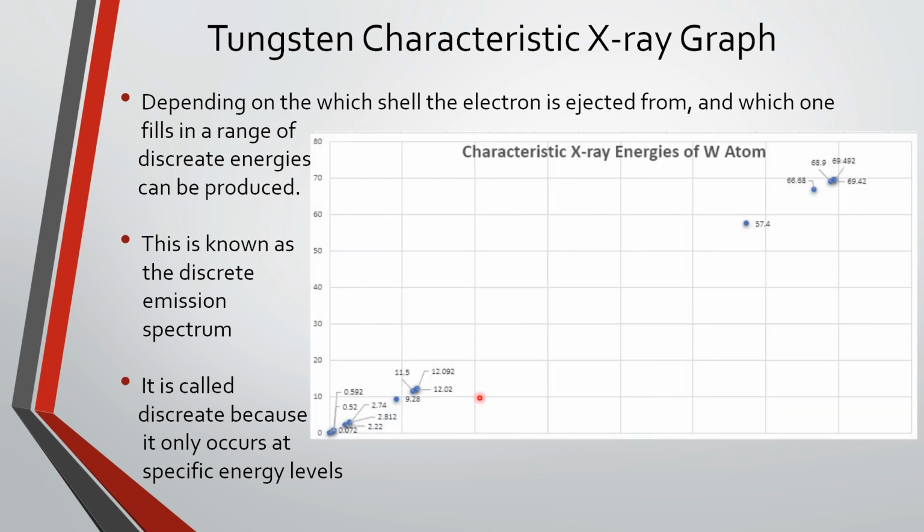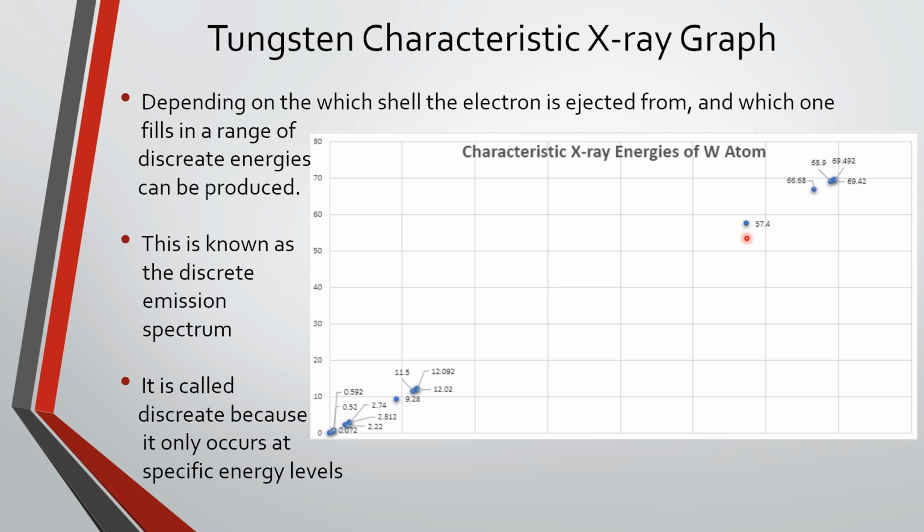Okay, and here's a graph. This is just a one-to-one graph of the different energy levels, and these are all the different characteristic energy levels that can be produced with a tungsten atom. All these upper ones are where a K shell electron is ejected, and one of the more outer shells fills it in.